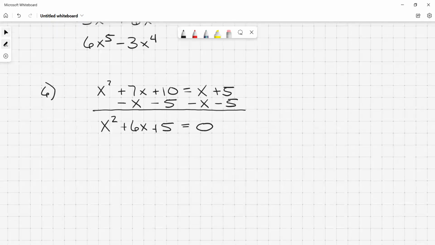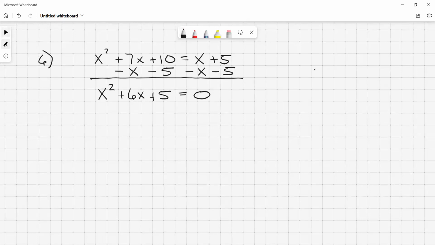So that is a trinomial that can be factored. This trinomial is going to factor to x plus 5 times x plus 1. Then your next step was to set each factor equal to 0. 5 times 1 is 5, and 5 plus 1 is 6.